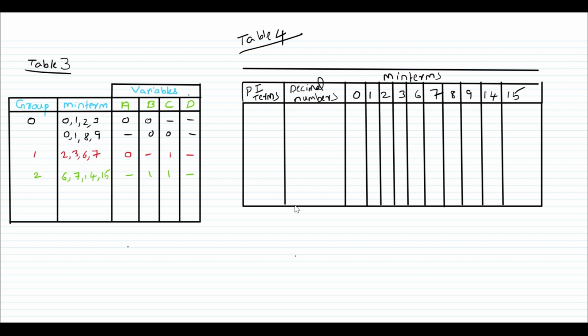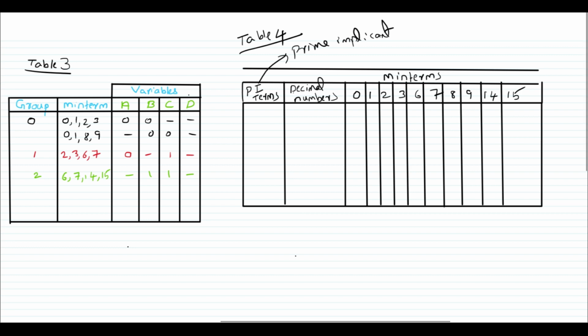We will see what these prime implicant terms are. PI is prime implicant. Prime implicant means the variables obtained in the last table in each group.